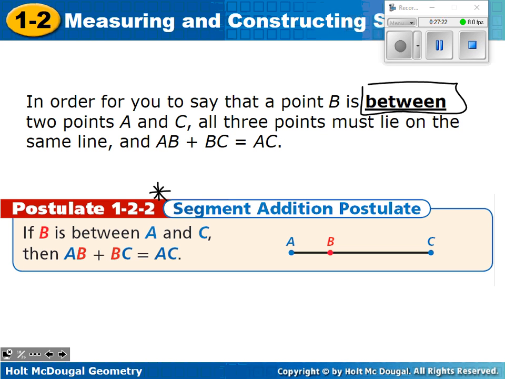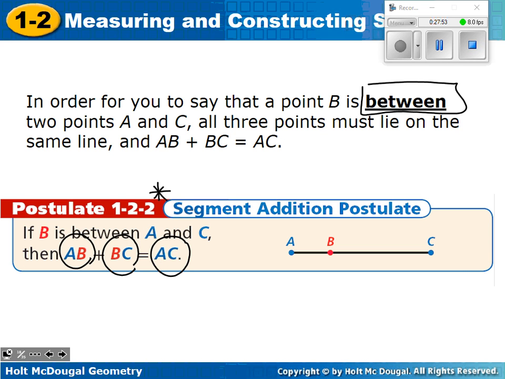It says if you have a line segment and there is a point on that line segment between the two endpoints, then part of the line segment, AB, plus the other part of the line segment, BC, should equal the whole thing, AC. So the simple way to say it is part plus part should equal the whole. Okay, very simple in the concept, but you're going to have to be able to write it with the algebra expression.